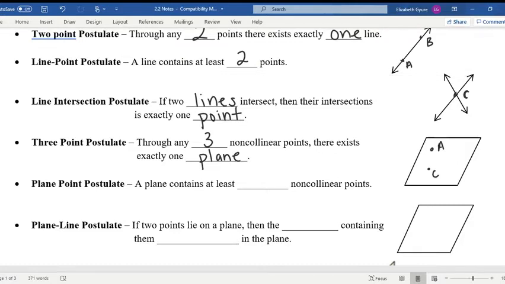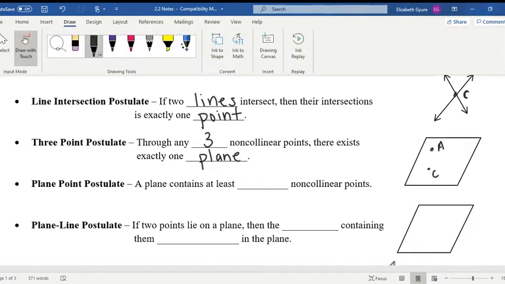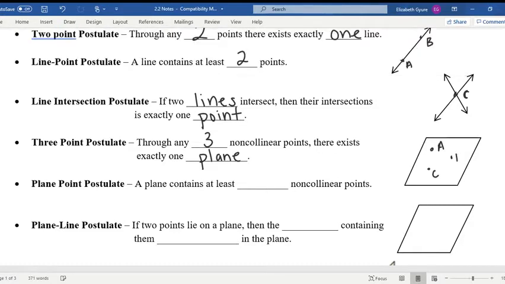They do not all lie on the same line. Therefore, since these points exist, there is a plane that goes through them. The plane point postulate is just the other way around. A plane contains at least 3 non-collinear points.